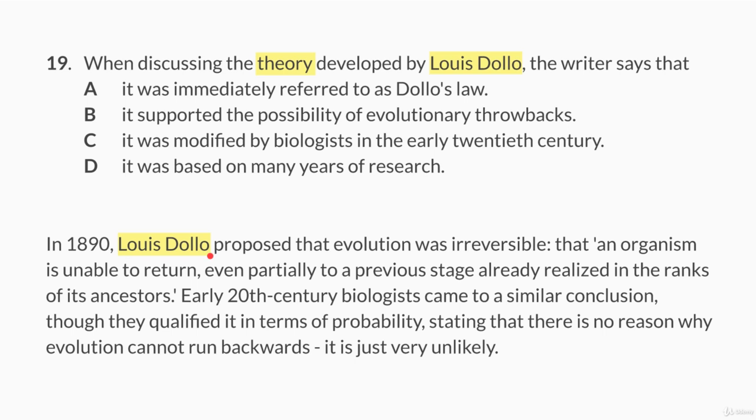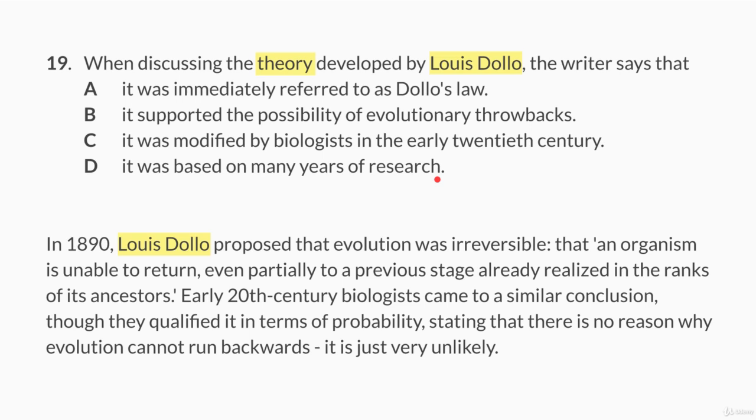Now that I have found my keyword from the question, it makes sense to start looking at the other keywords, because I'm going to go back to my answer choices and read some of them. Here I have something about Dollo's law. Here I have something about evolution. Here I have something about biology and the 20th century. And here I have something about research.